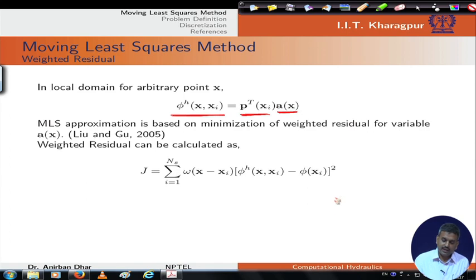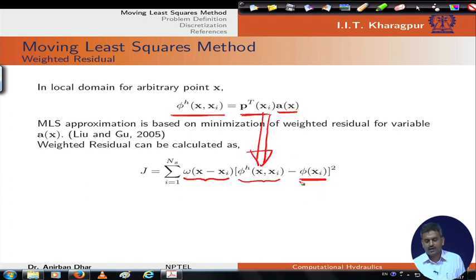So, in this case we have a definite structure for this omega, or weight function, for minimization. This h is the approximated value based on polynomial approximation, and xi is the original value for that point.